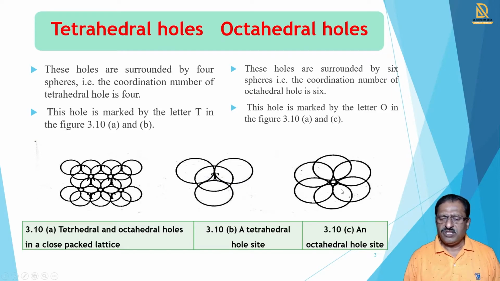So in the first layer 3 ions are placed, and in the second layer 3 ions are placed in between those holes. At the center, a hole is formed, surrounded by these 6 ions. The shape of this hole is octahedral, so it is called an octahedral hole. In this way, tetrahedral holes and octahedral holes are formed.